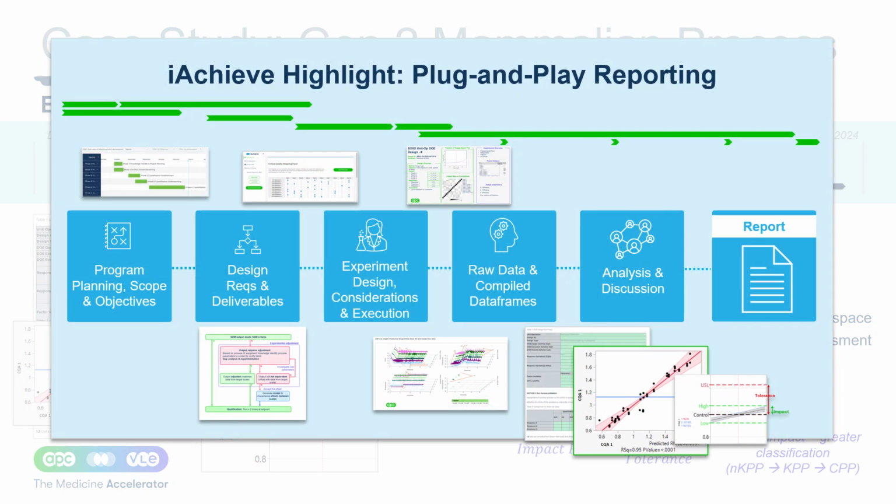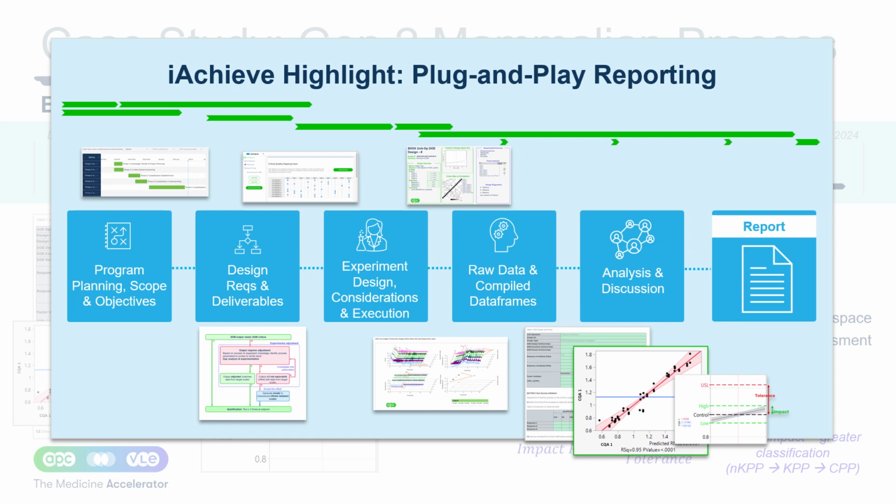Finally, even once we've moved into the reporting phase, iAchieve plays a huge role in accelerating the delivery timeline. It starts in planning, where scope, objectives, and deliverables are captured up front. As experiments are designed and executed, the platform provides standardized workflows and real-time access to process updates. All this raw data flows directly into compiled data for aims, eliminating handovers and preserving traceability.